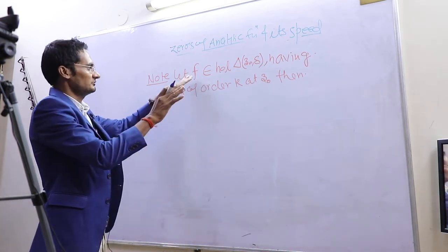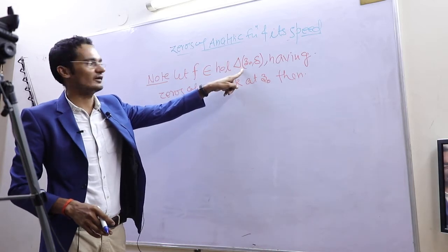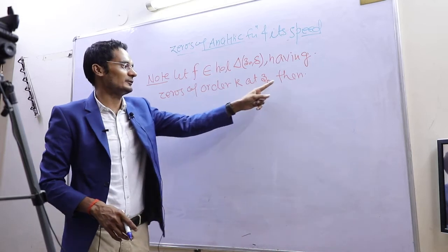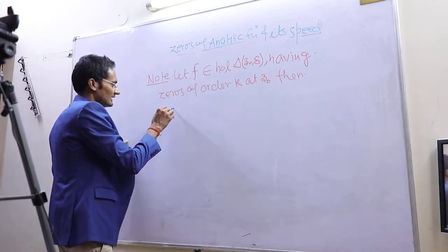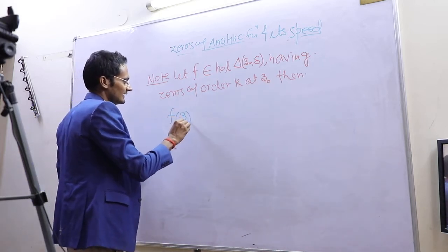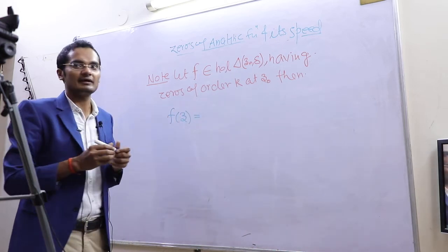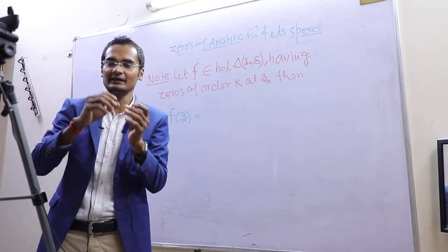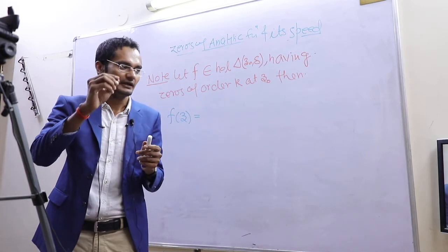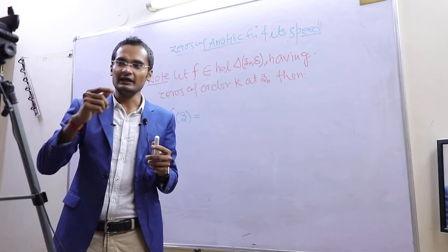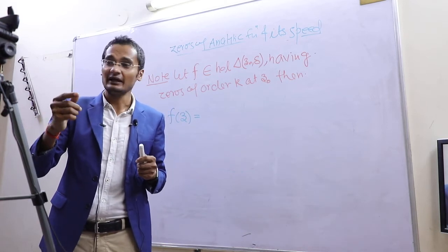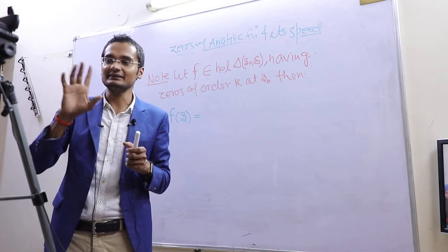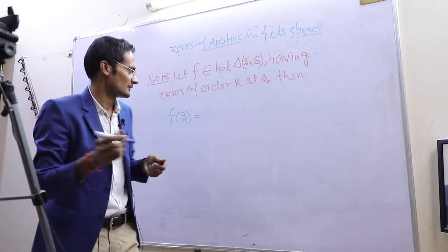So, let f be an analytic function at point z naught and it has a zero of order k at point z naught, then f of z can be written as, you tell me, the function has zero of order k at z naught. What is the meaning? This implies that f of z naught is 0, f dash z naught is 0, f double dash z naught is 0, the (k minus 1)th derivative also 0, but the kth derivative will not be 0, right.